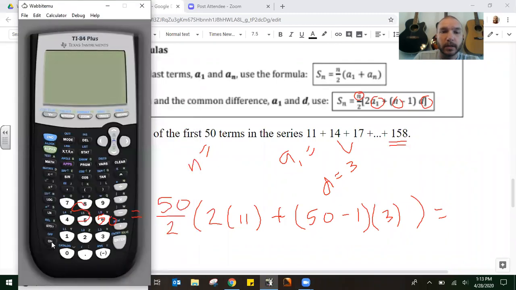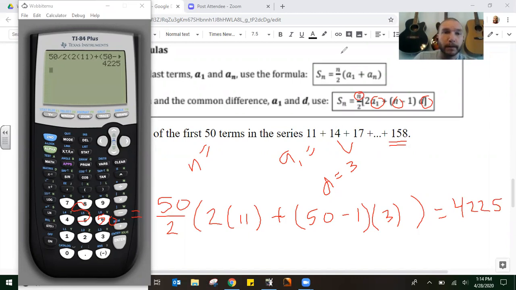I'm going to plug it all in at once so you guys can just see how I would do this. 50 divided by 2, close parentheses, 2 times 11, close parentheses, plus 50 minus 1, close parentheses, times 3, close that one, and close on the end. We get 4,225. Excellent.